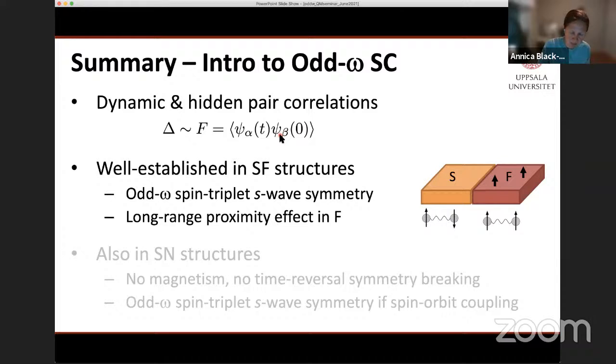Many properties you measure will sum over frequency, and if you sum over frequencies, the odd part drops out. So it shows up, for example, in the Meissner effect sometimes, and so on. There are the paramagnetic Meissner effect and the proximity effect you can measure. So in that sense there are signatures, but few of them explicitly show it. They're all consequences of the odd frequency. It's not, as far as I know, really measuring the odd frequency part.